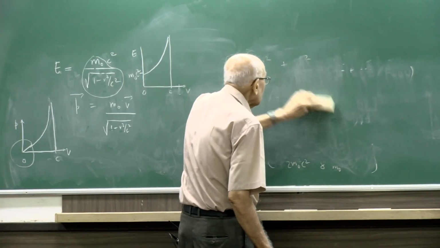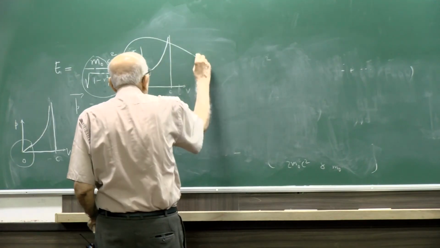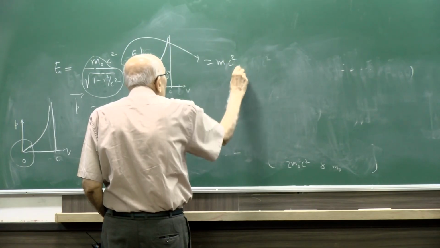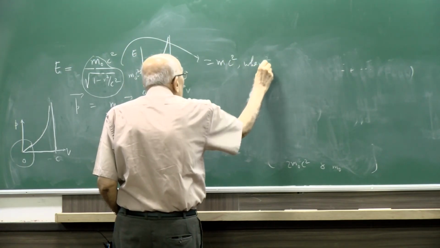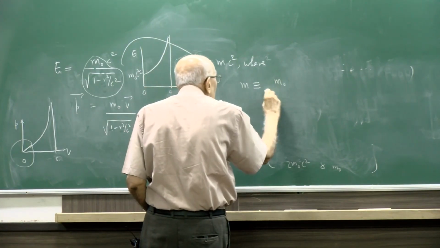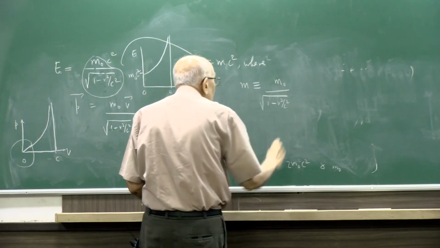So what one does is to write this as equal to mc squared, where m is identically equal to m naught over square root of 1 minus v squared over c squared.